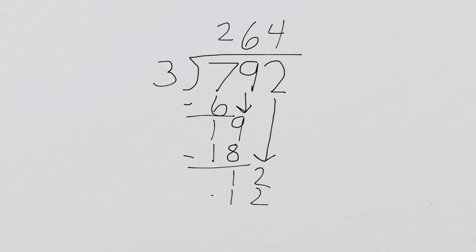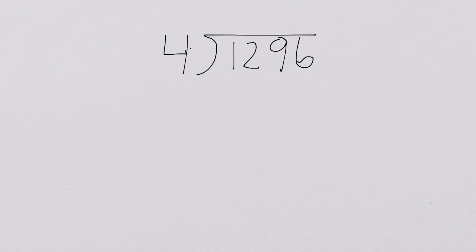So we don't even get close to it, we get exactly that. 12 minus 12 is 0, so this number divides out equally by 3, and our quotient ends up being 264.